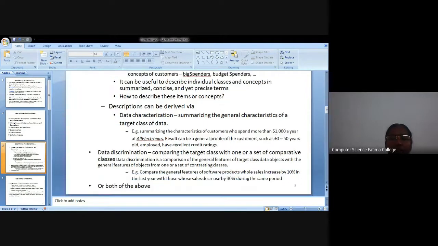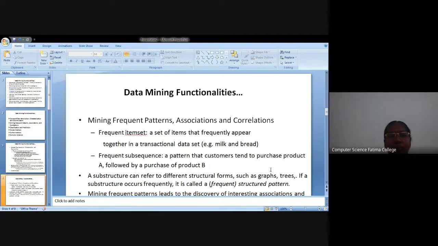For example, comparing the general features of software products whose sales increased by 10% in the last year with those whose sales decreased by 30% in the same period. This is the way we compare two targeted classes.